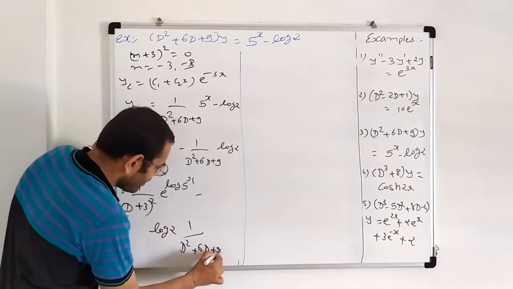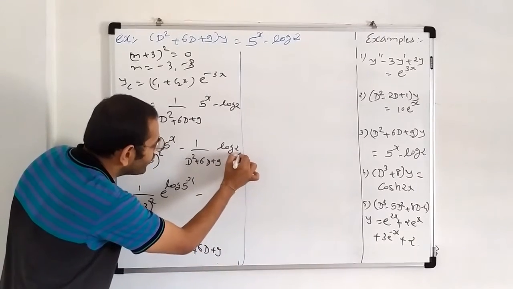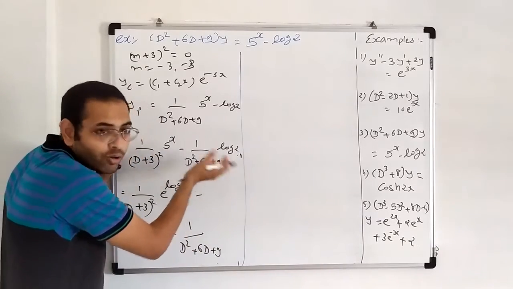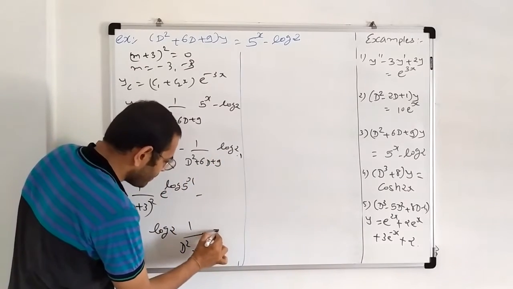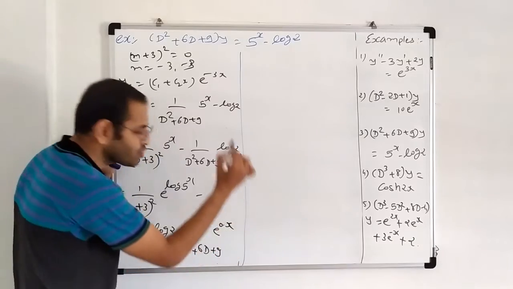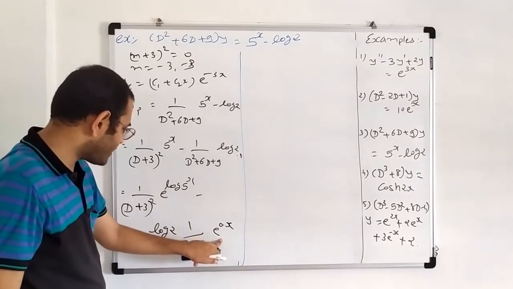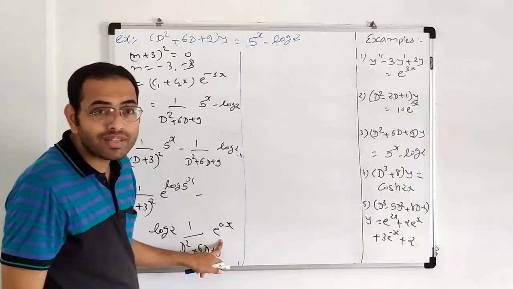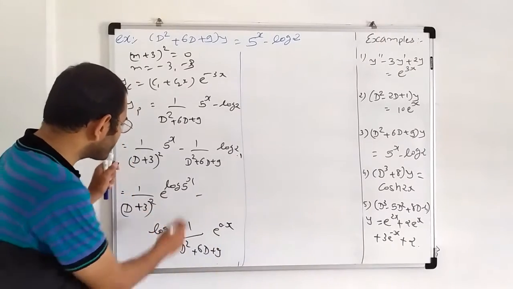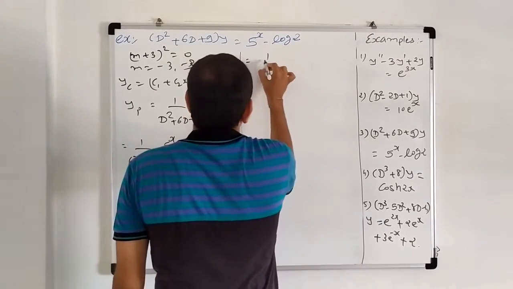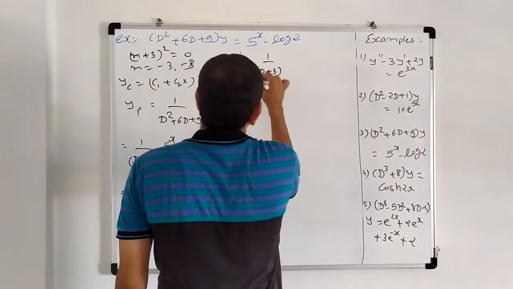We write log 2 into 1 outside the brackets, and replace 1 with e raised to 0x. In the second portion we replace a as 0, and in the first portion x comes above.